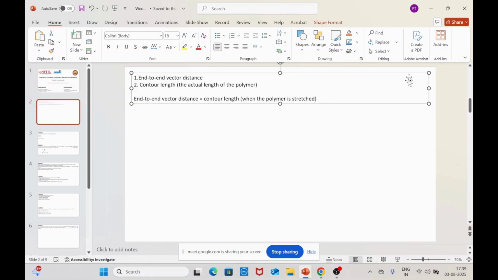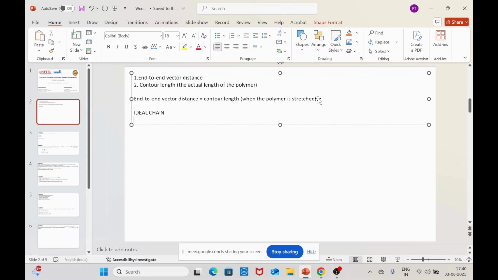So initially we describe most of these polymer conformations. We assume that these polymer chains are ideal chains. Why do we call these polymers ideal chains?